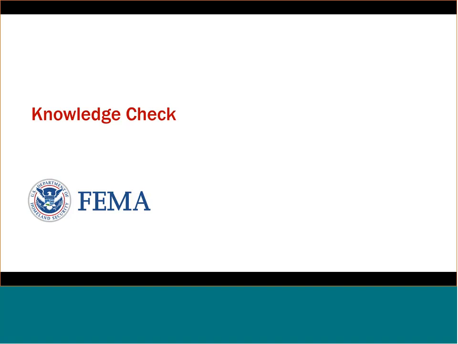All right, so it looks like we've got our answer in. There's a little bit of mixed responses here, but the correct answer is developing management costs. So that is not a planning scope of work element. It's not required to put in your scope of work for your plan anything about developing management costs.